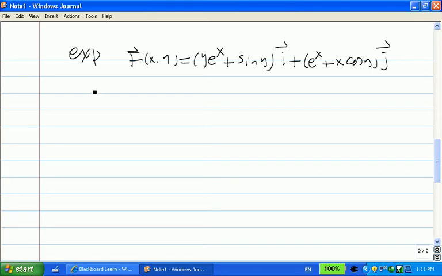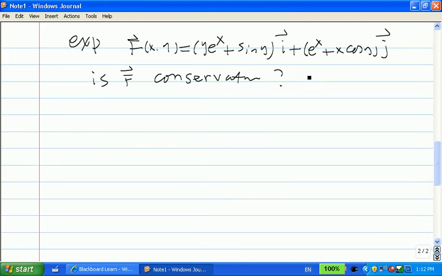Okay, now the question is, is F conservative? In other words, can you find small f? Now we have two questions. First of all, check whether this one is conservative or not. Then, if it's conservative, let's find such a small f, such that capital F equals the gradient of small f.